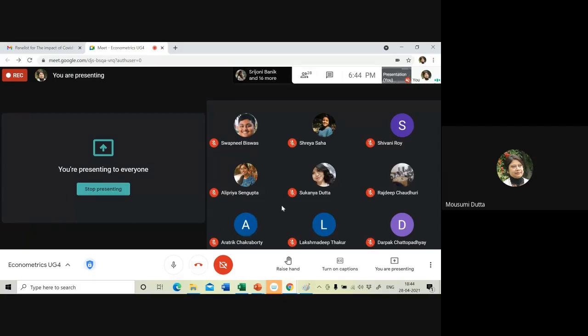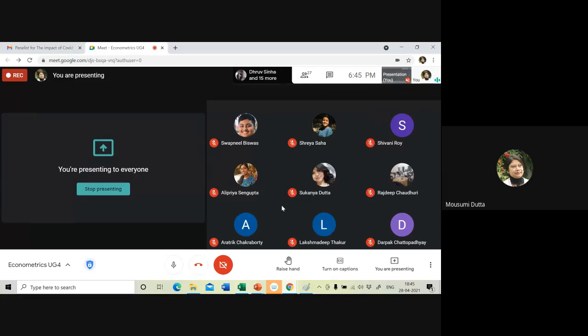Derive the following results. Summation ui hat is equal to 0, and summation xi ui hat is equal to 0.